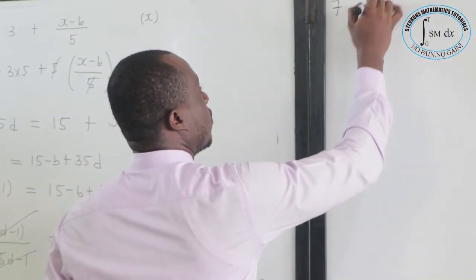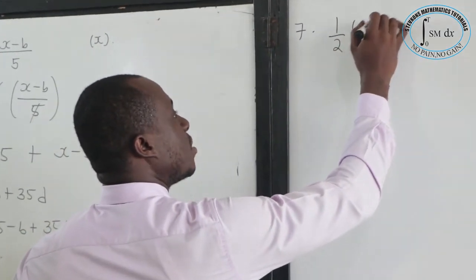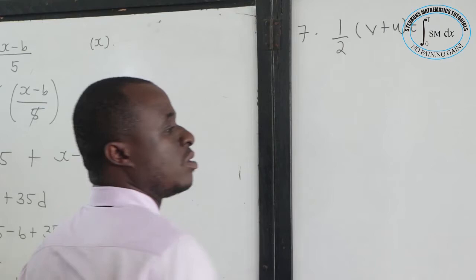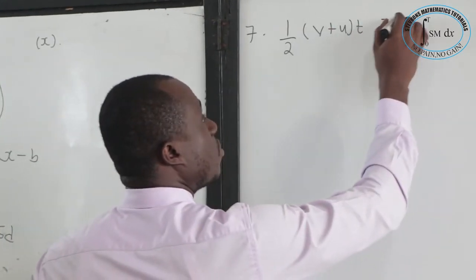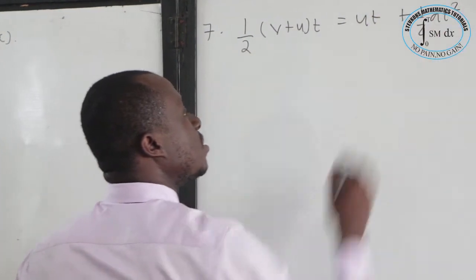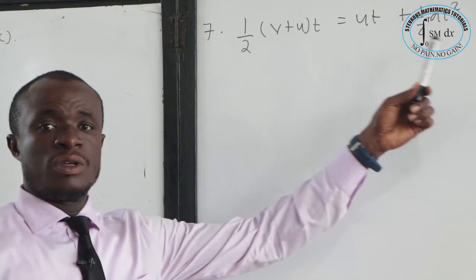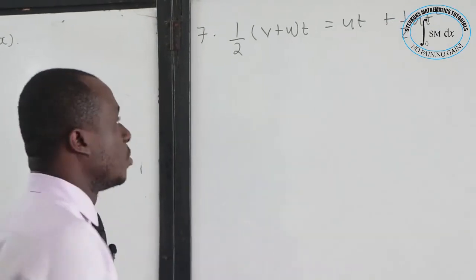Now, with question number 7, you have 1 over 2 (v plus u)t equal to ut plus half at squared. Clearly, the LCM is 2, so I have to multiply each term by 2.